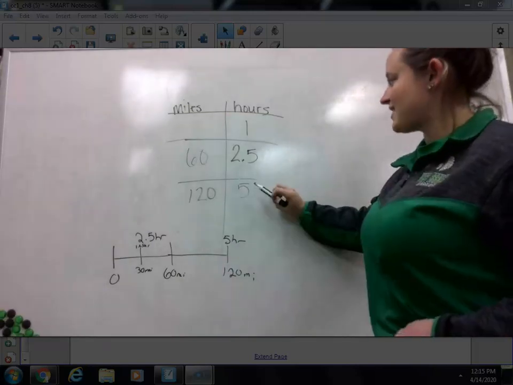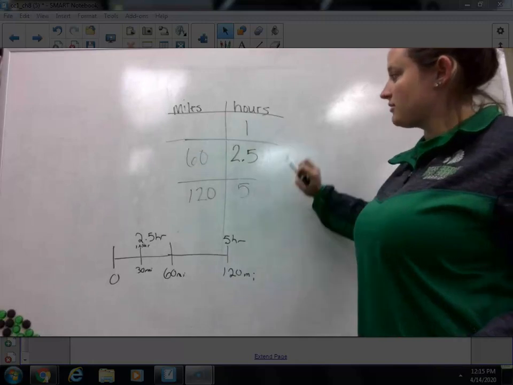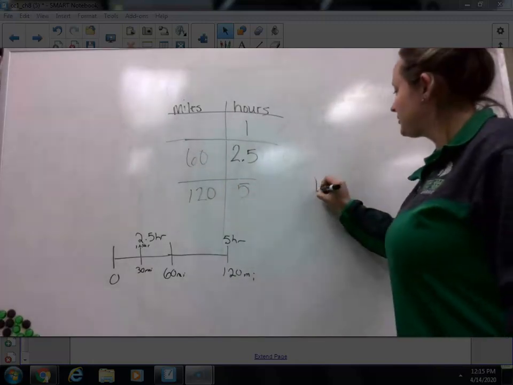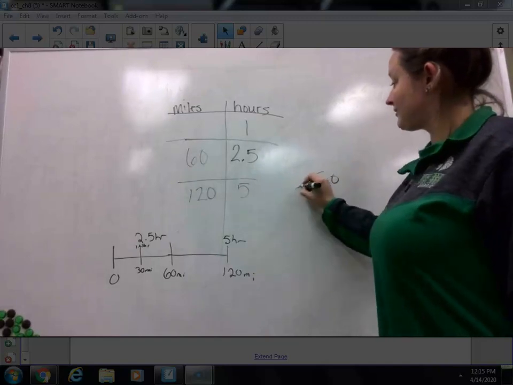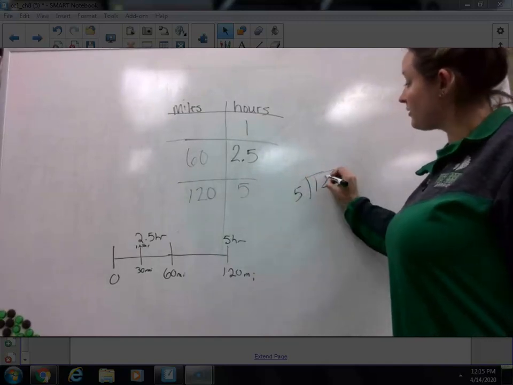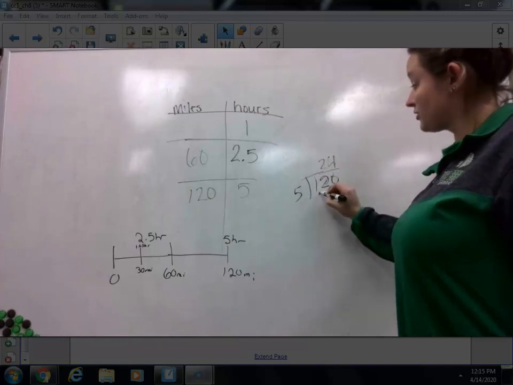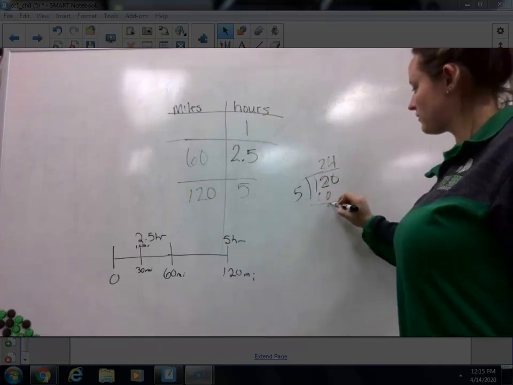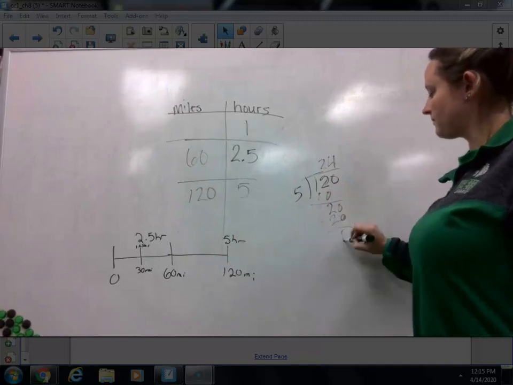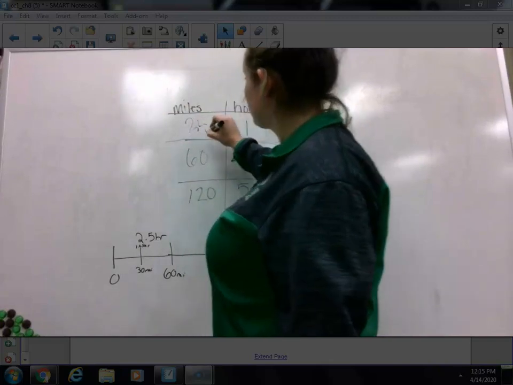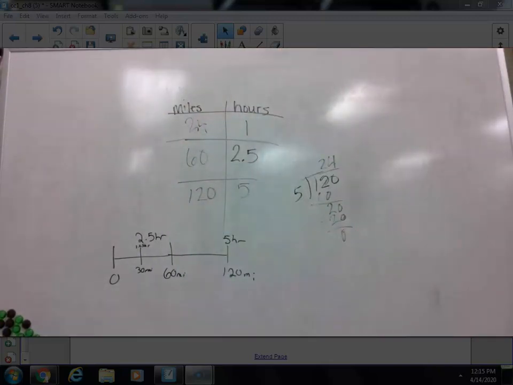Well, I would do 5 divided by 5 to get 1, and 120 divided by 5 to get 24. 24, yes. Long division right there. So we know that they travel 24 miles in 1 hour.